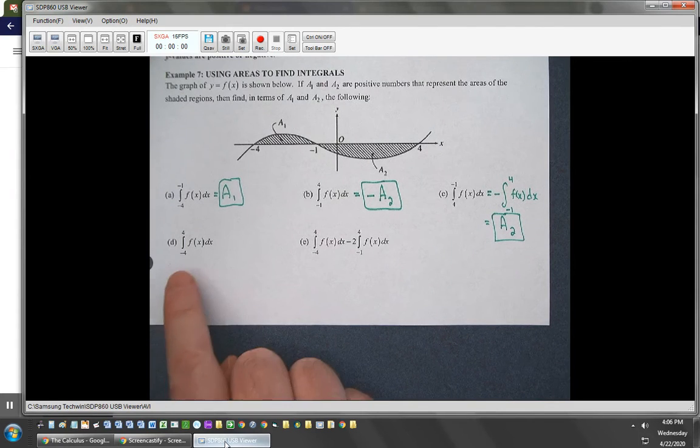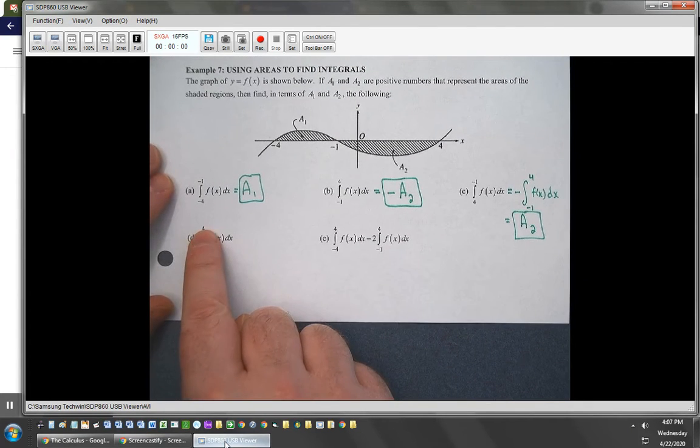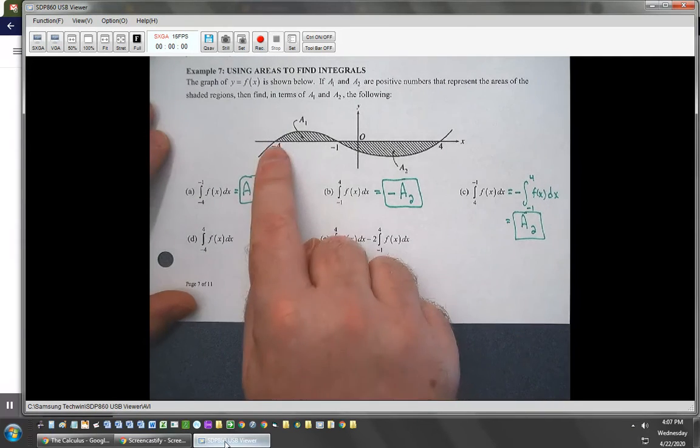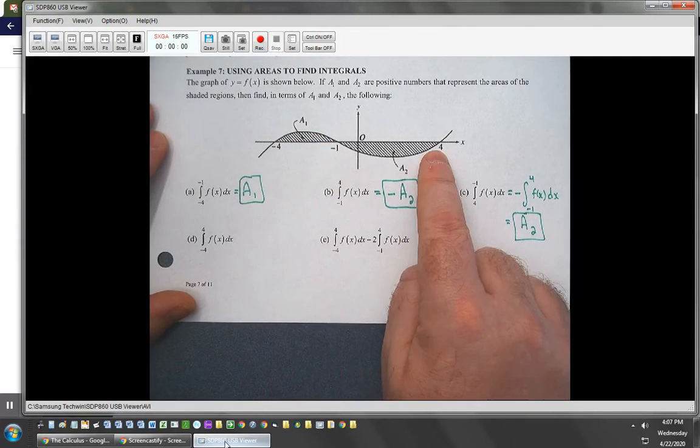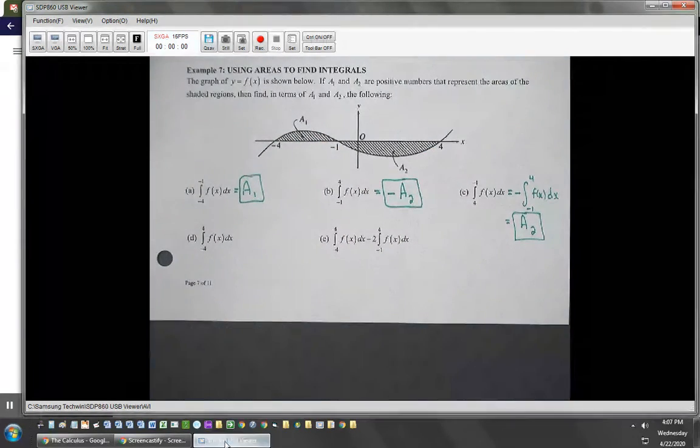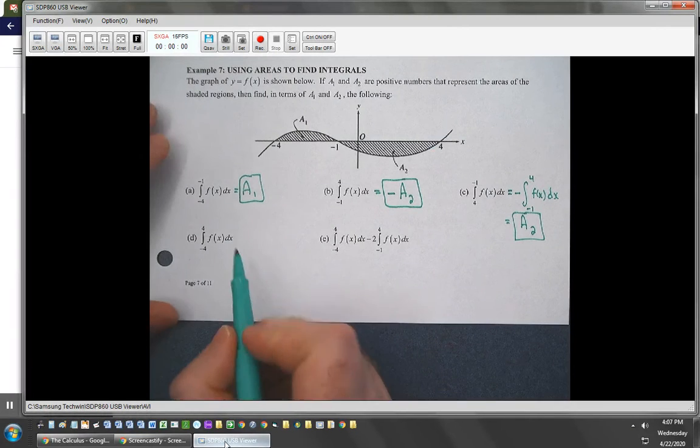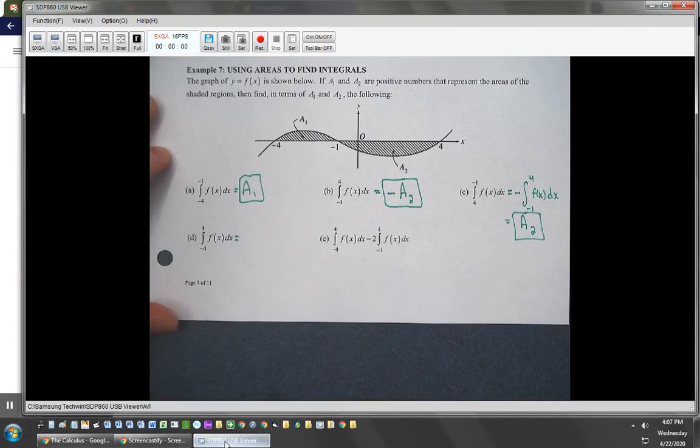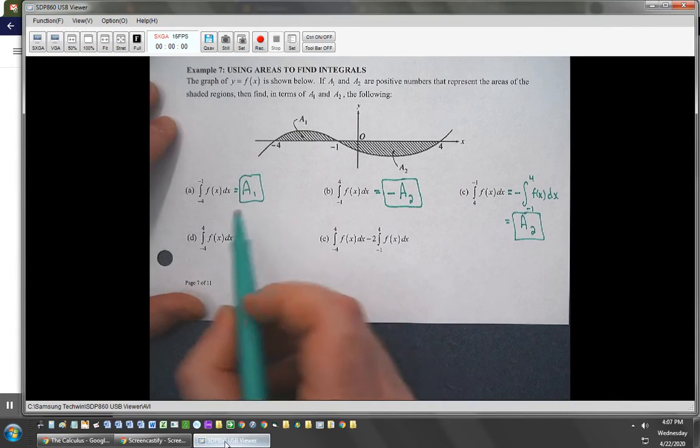All right, now I want to integrate from -4 to 4. We can't do that directly because some of our integral is above, some of our integral is below. So what we need to do instead is break it up into two separate integrals. I'm going to give you a chance to try to write up your integrals separately. All right, let's see how you did.